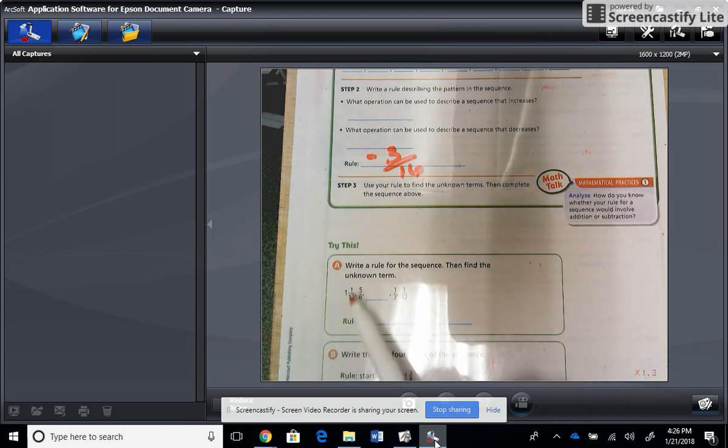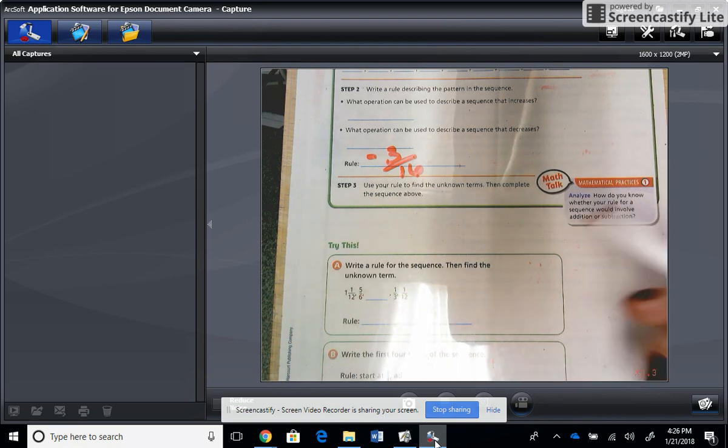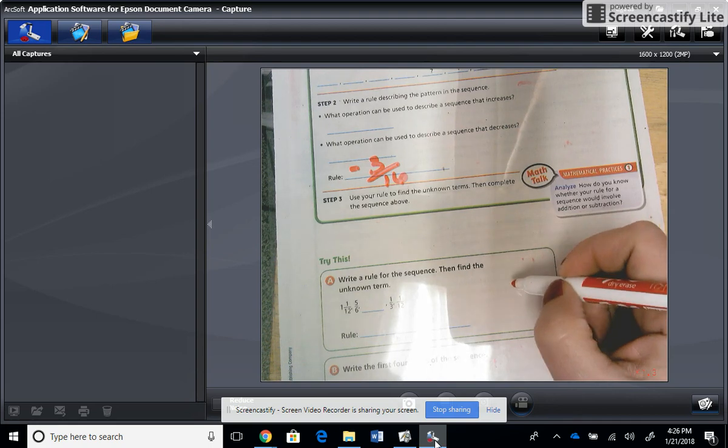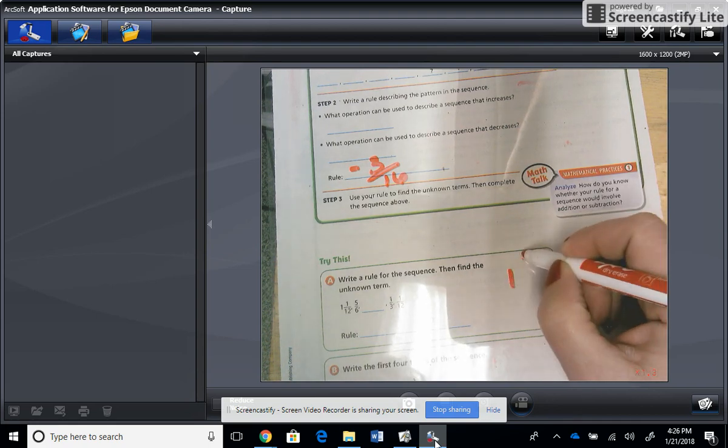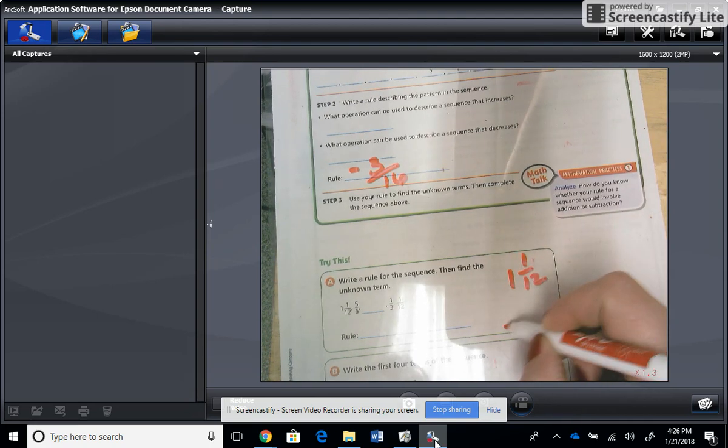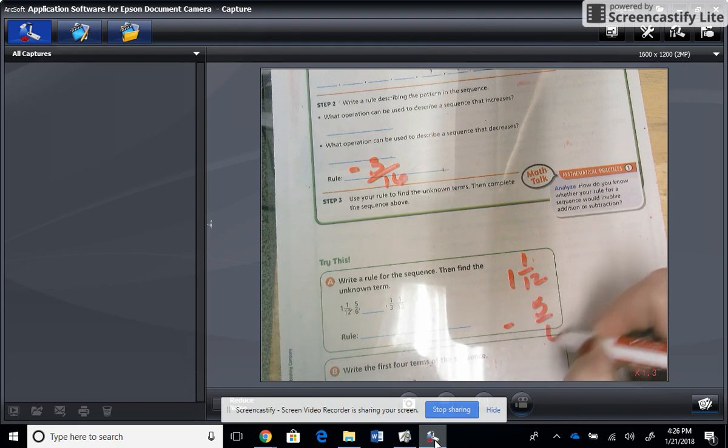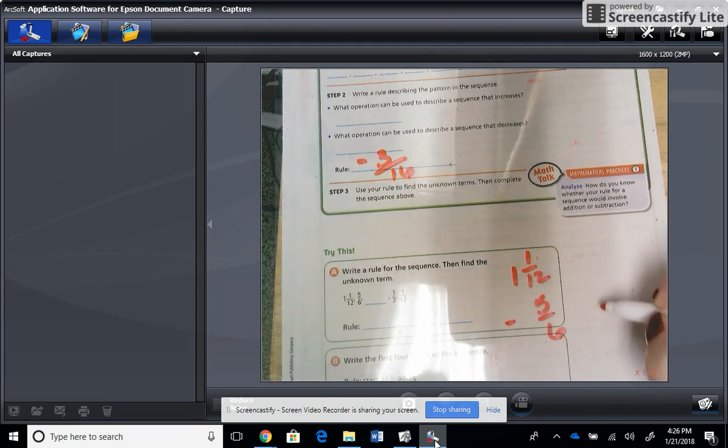I have 1 and 1/12 down to 5/6. So I know I'm subtracting. So if I have 1 and 1/12 subtracted by 5/6, I get a common denominator of what? 12, because 6 can go into 12, so this stays the same. 6 times what got me there? It's 2.